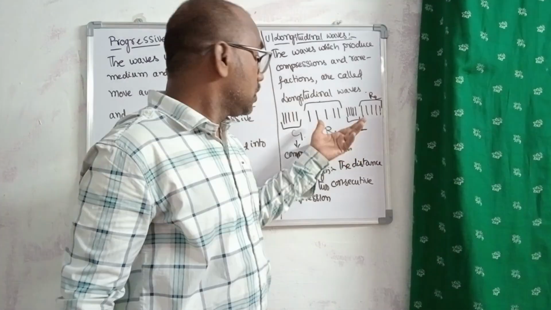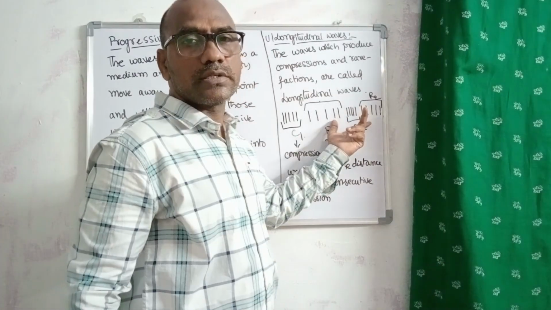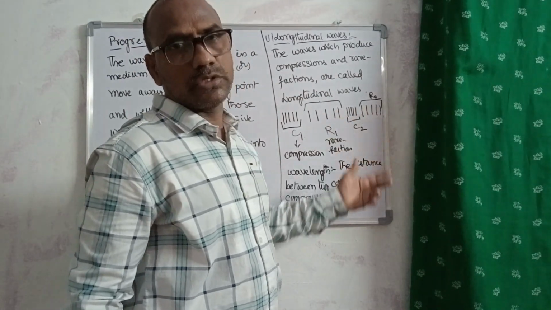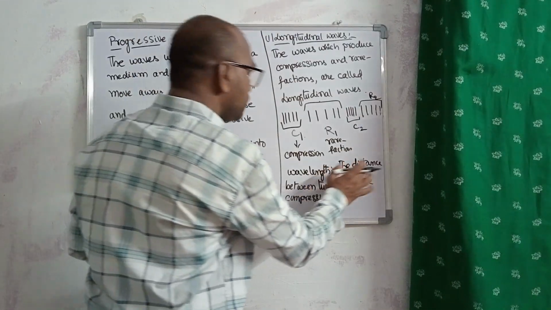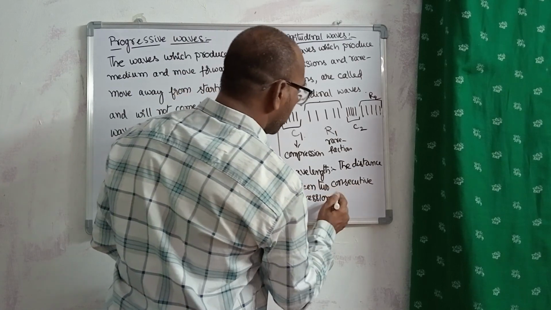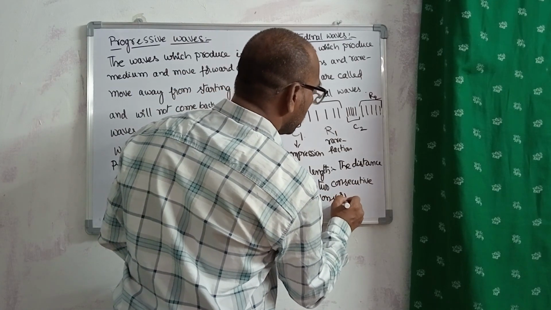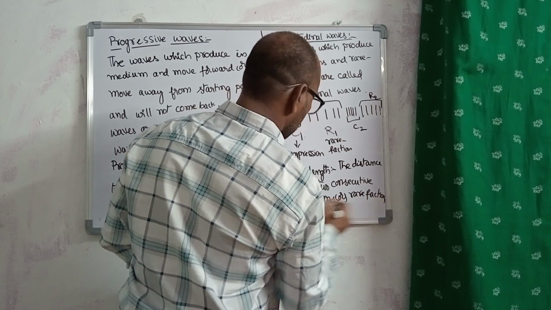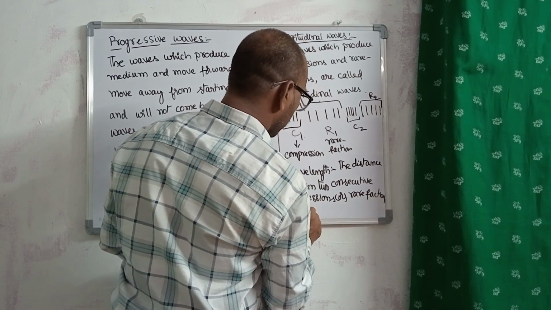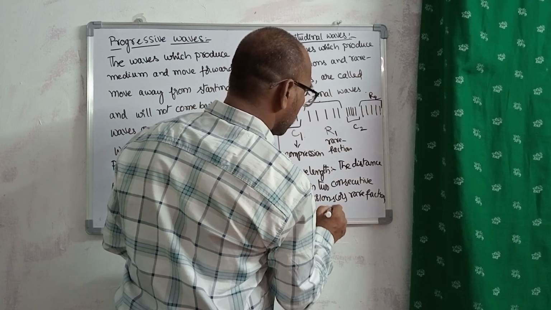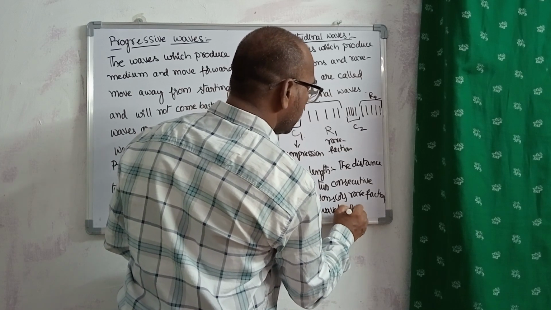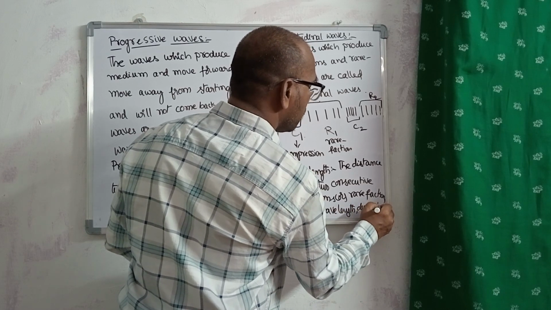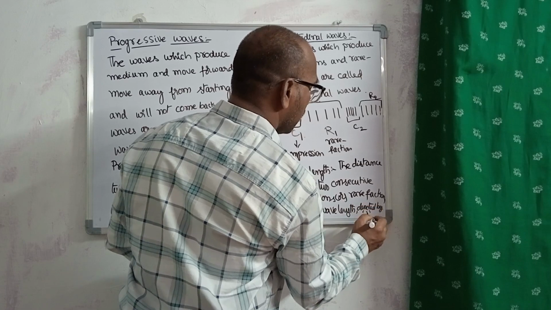So the distance between two consecutive rarefactions is called wavelength. Means the distance between two consecutive compressions or rarefactions is called wavelength, denoted by lambda.